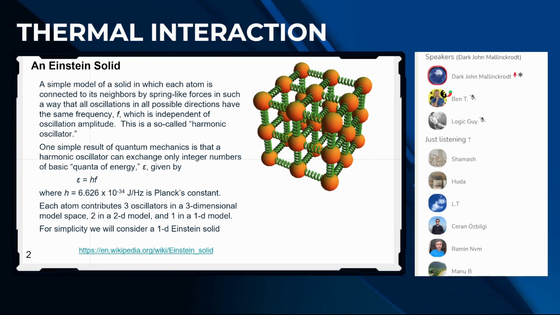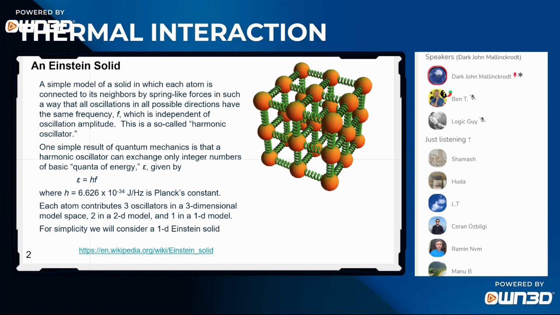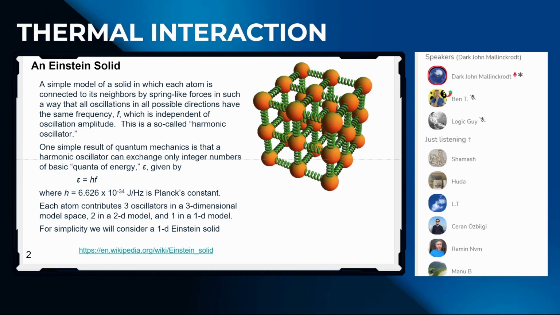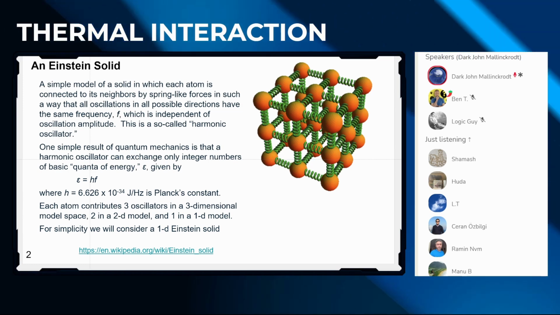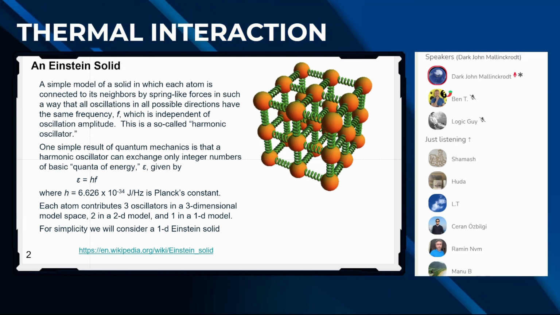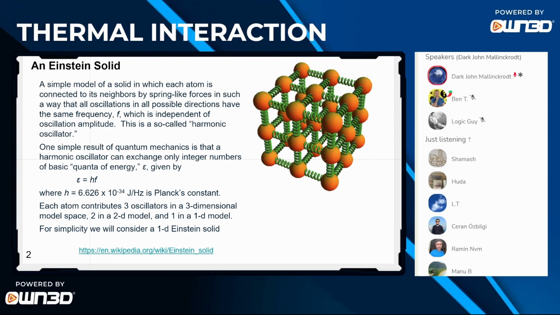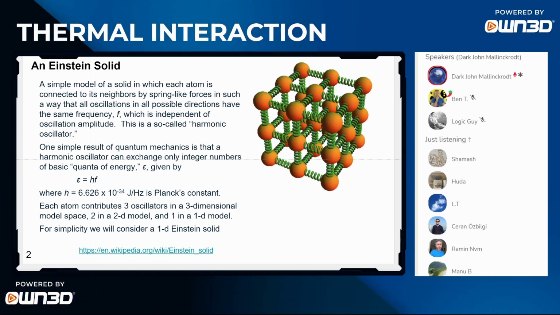They can oscillate toward their neighbors on the sides, front and back, up and down. And each one of those oscillations is effectively a different oscillator. None of this is really important other than the fact that in a three-dimensional model, if you have N atoms, you'll have 3N oscillators.